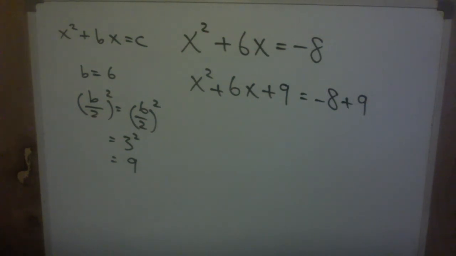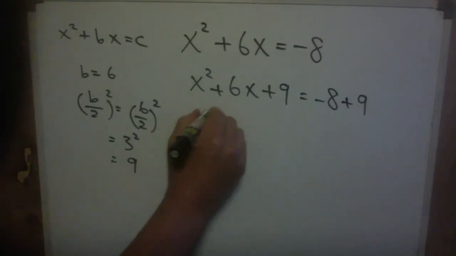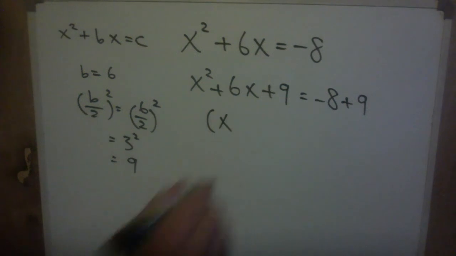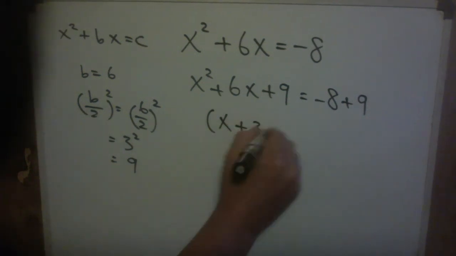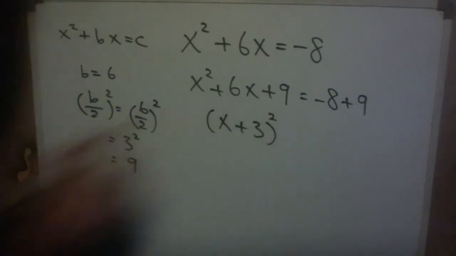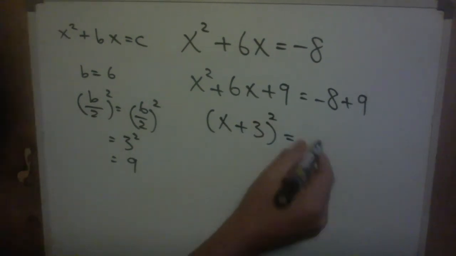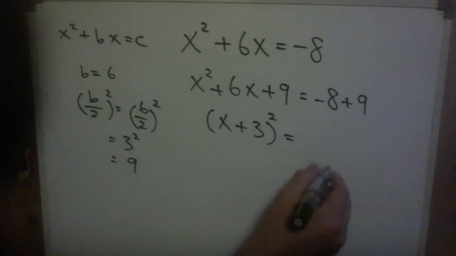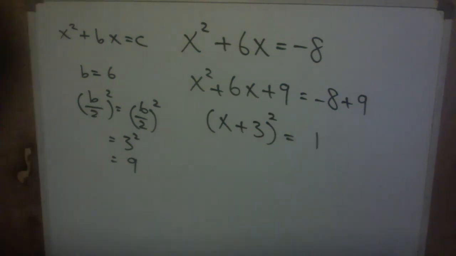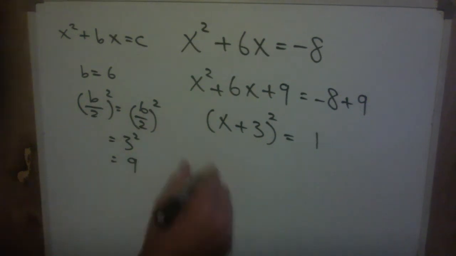Now the left-hand side, I'm going to factor. This can be factored as x plus 3 quantity squared, equals, the right-hand side is negative 8 plus 9, so that's 1. To solve for x, I'm going to take the square root of both sides.